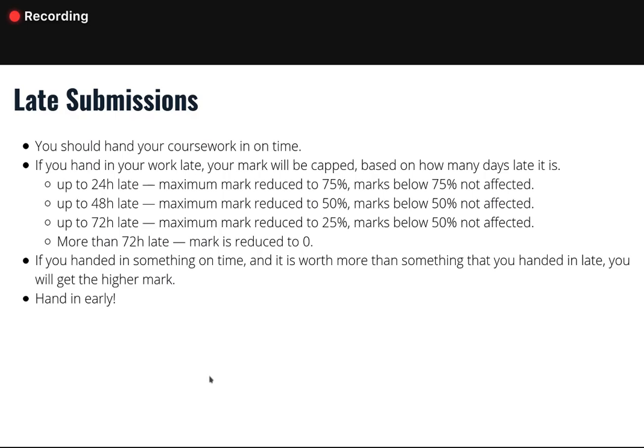If you submitted within 2 days late, so up to 48 hours late, then the maximum mark you can get is 50, so you would get 50 in that case. And if you submitted up to 3 days late, then you would be capped at 25. Maximum mark you can get is 25%.